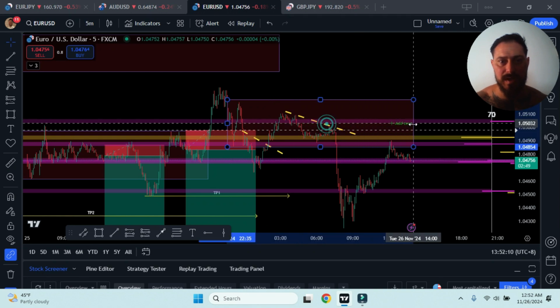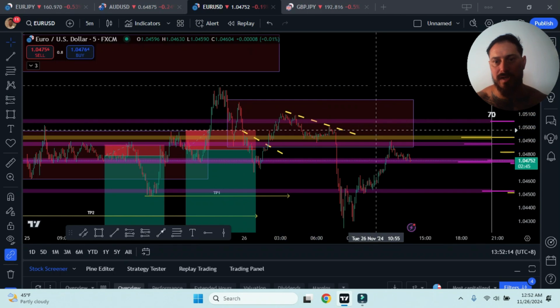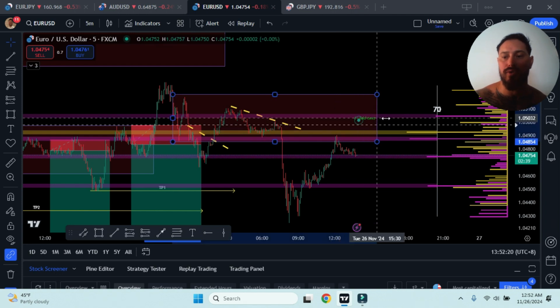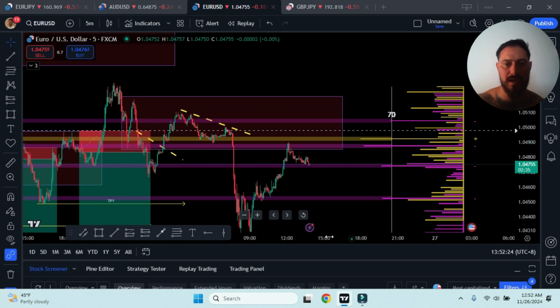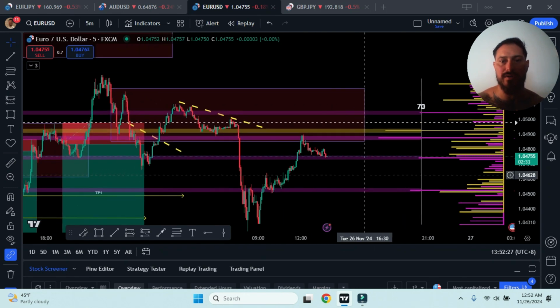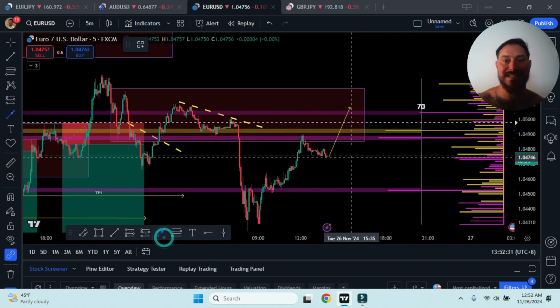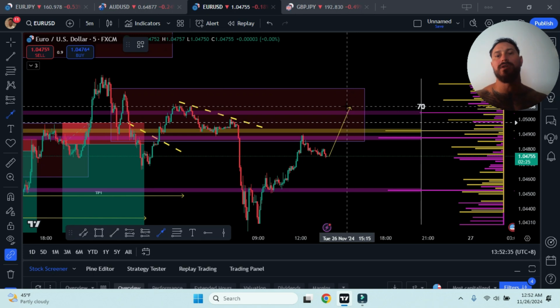So here we have a strike area and we have an order block area. So we've actually already tapped into it, but I think I would prefer to wait for a pull on liquidity on London session, because currently we are getting closer to the end of Tokyo session. So if price does this and I see an aggressive exhaustive candle or a few exhaustive candles, I would be looking to short this.